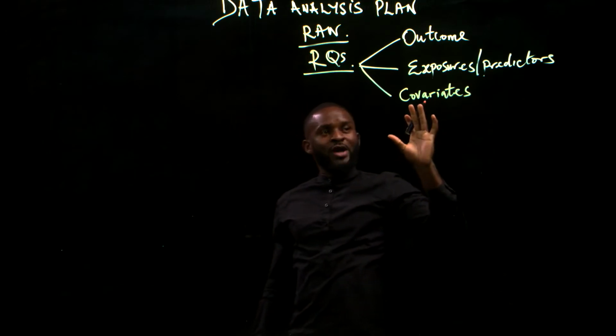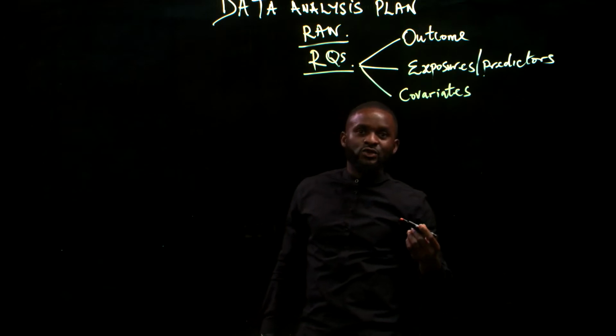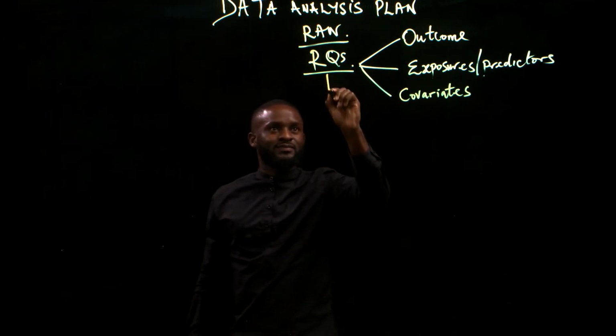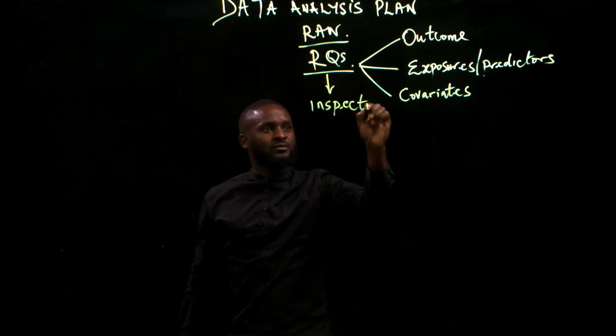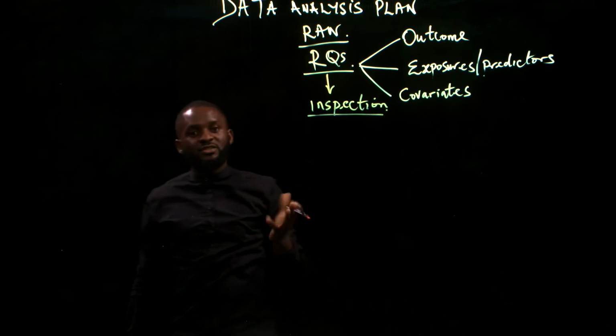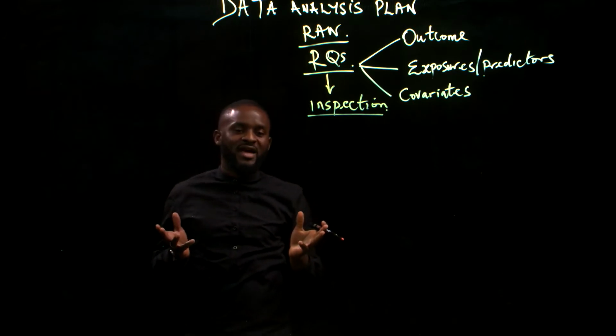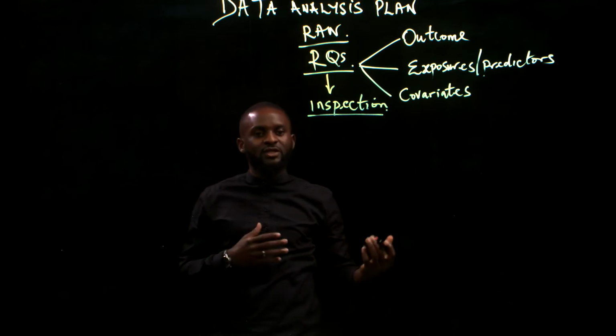Now, when you're certain about the research question, then you go further to actually inspecting the data. You do what we call data inspection. When you do a data inspection, you need to understand that you're going through the raw data you've received from the secondary source.